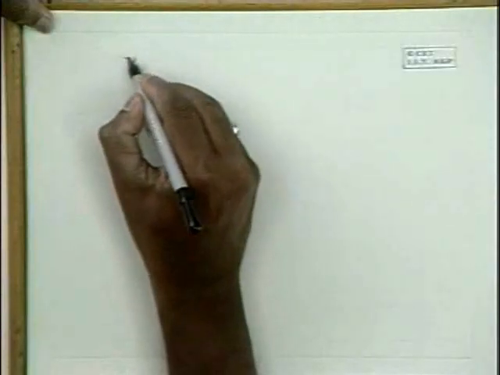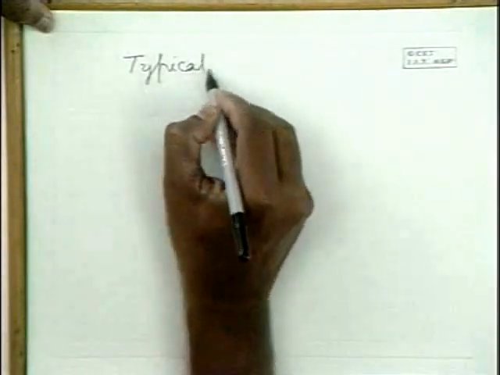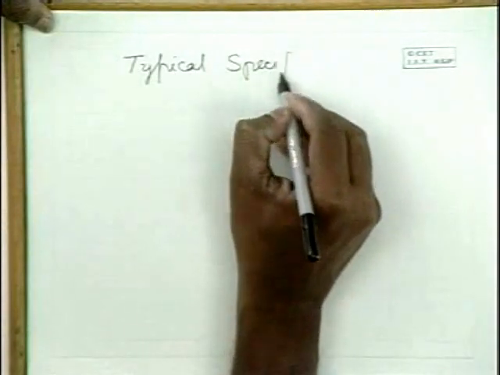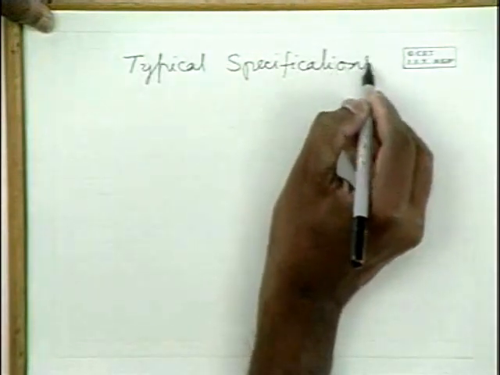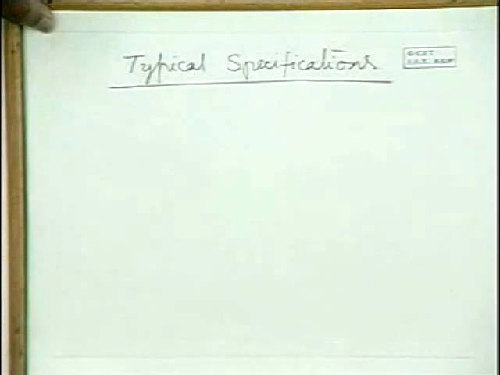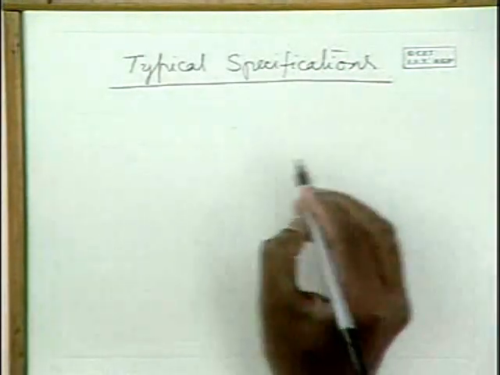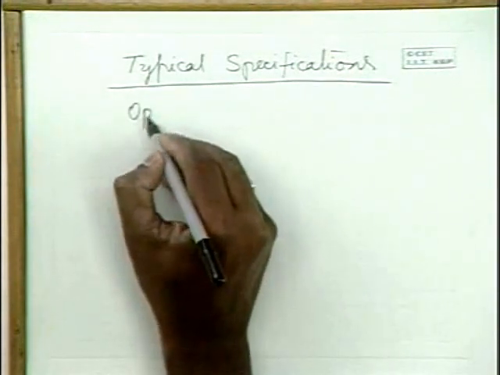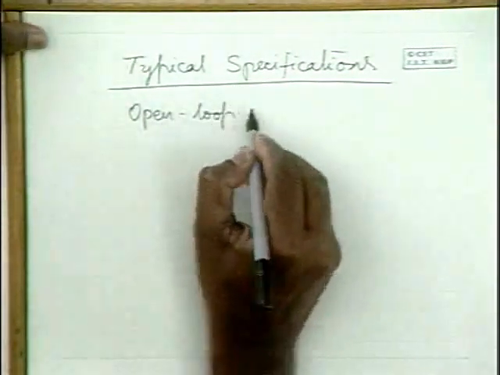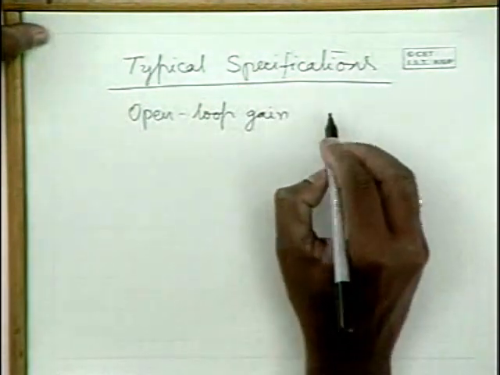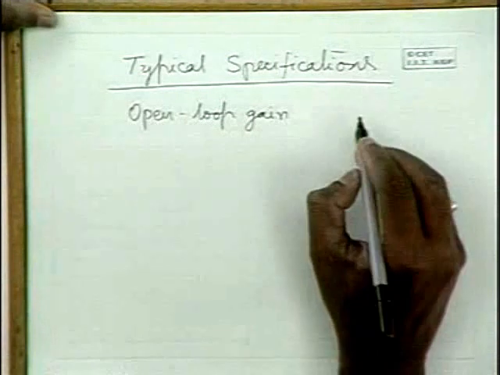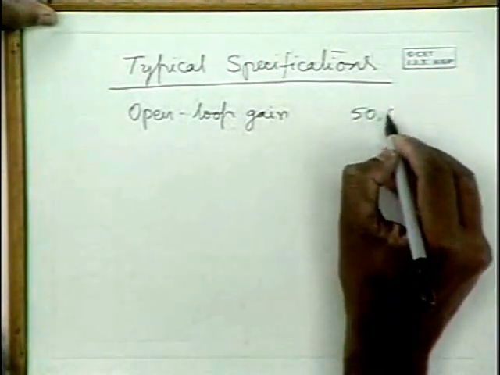Now let us discuss some important typical specifications of an operational amplifier. As I mentioned earlier, the specifications include the differential gain or open loop gain, means without feedback, which is typically 50,000.